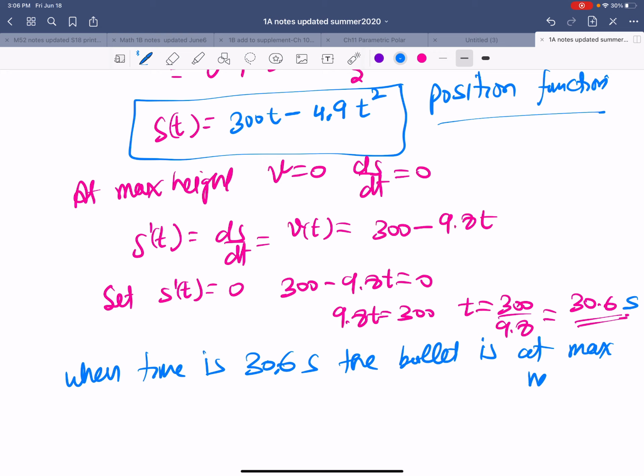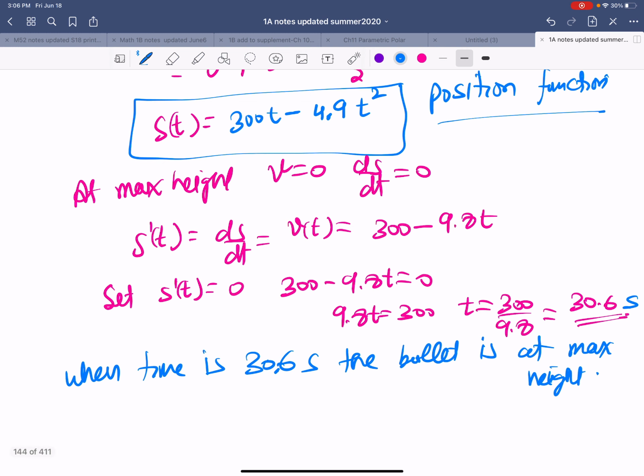So how do we find the height? We can find the position when time is 30.6. Go ahead and plug into the position function that we found earlier.